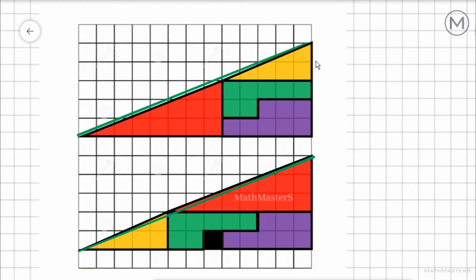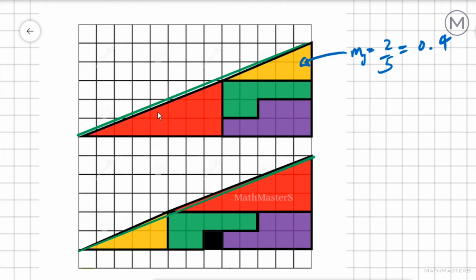In the first figure, for the gradient of the yellow triangle, you can see the height is 2 squares and the width, or the base length, is 5 squares. So the gradient m yellow is equal to 2 divided by 5, which gives you 0.4.